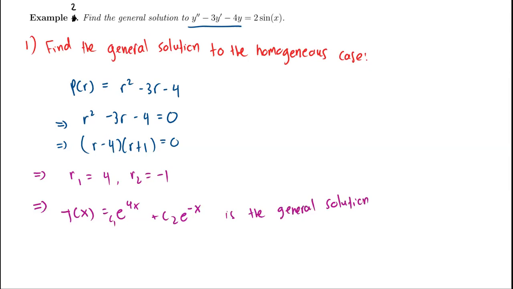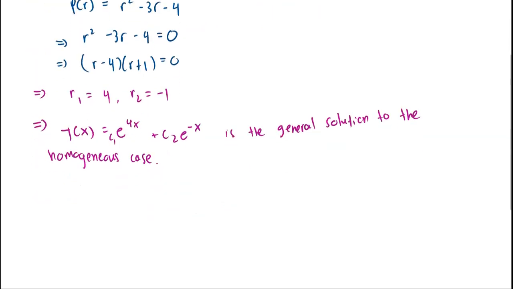So again, this we know how to do easily. The problem is how to find a particular solution. Just as before, we're going to leave this as an aside to use later when we want to find the general solution for the whole ODE at the end.